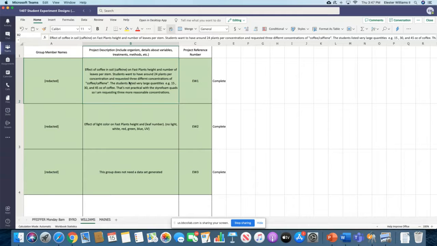And so that was a big hassle with students accidentally killing off their experiment pretty closely to the start of it. And so that's why large quantities of a substance you're adding to the soil probably shouldn't happen, because you run the risk of killing off your plants before they can grow and mature to full maturity.